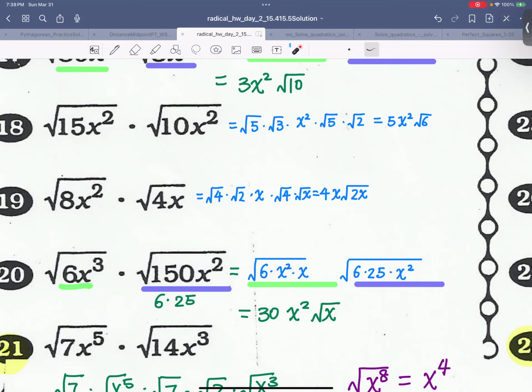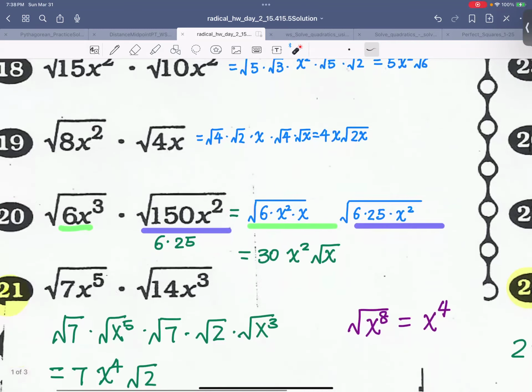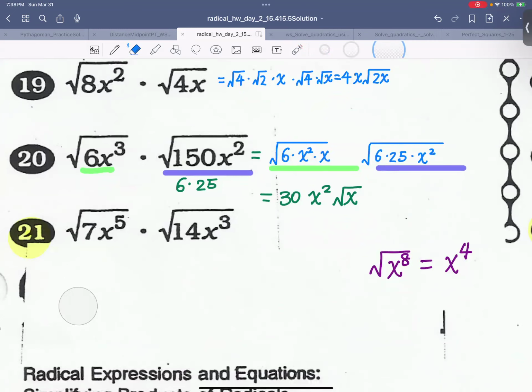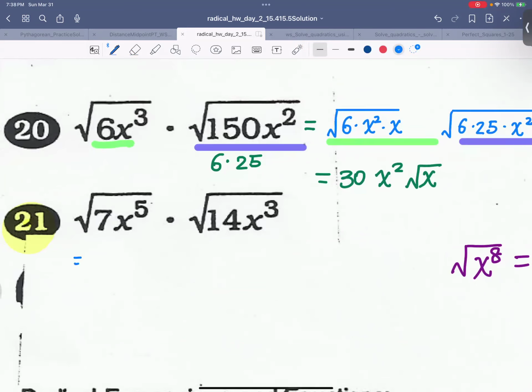Okay. Now, 21. I'm going to erase my work, and you do it with me together. This is square root of 7, so you put square root 7. This is x to the power 5. This is x to the power 3.